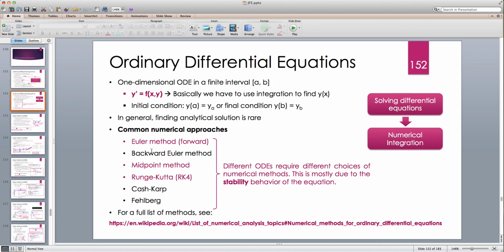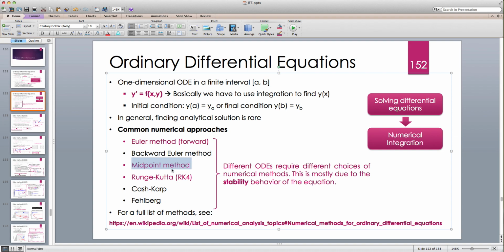And then we said that there are some common methods. The most basic one is the Euler method, the forward Euler method. Implicit methods such as the backward Euler method can also be used, but because it gives you an implicit result, you also have to solve an equation to find the value of the function. It's not just solving the differential equation; you have to also numerically find the root of an equation because it's an implicit equation.